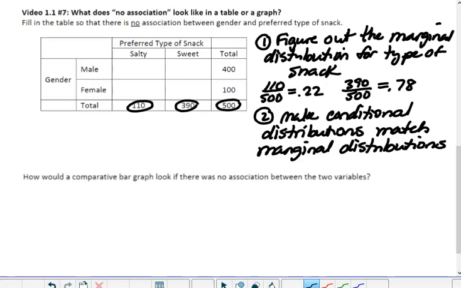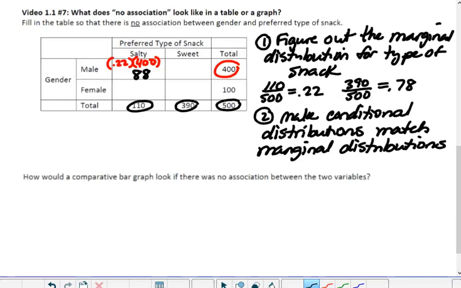So how do I do that? I look at the total. I've got 400 males altogether. I want 22% of them in the salty category. So I do 0.22 times 400, and I get 88.